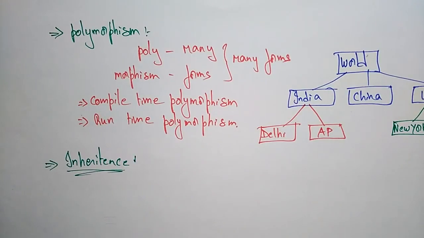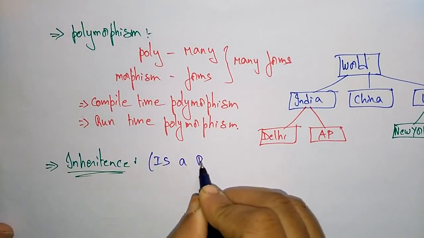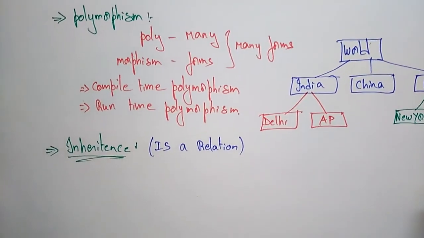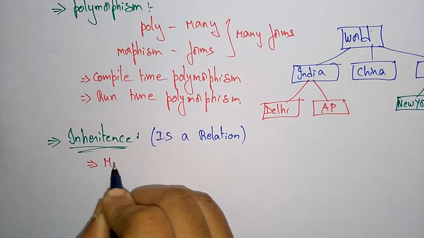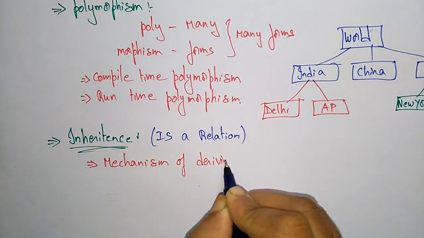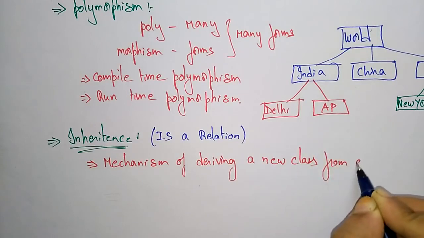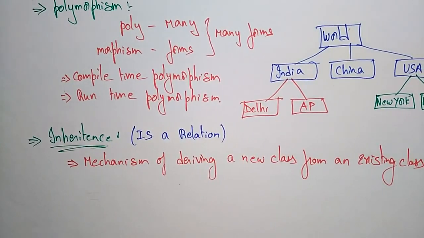Inheritance is nothing but it has the is-a relation. I'll explain what this is-a relation is. Inheritance is a mechanism of deriving a new class from an existing class.